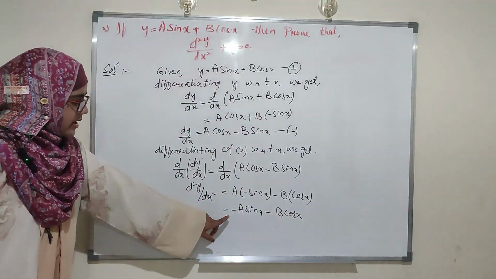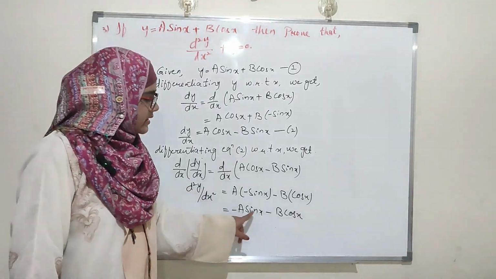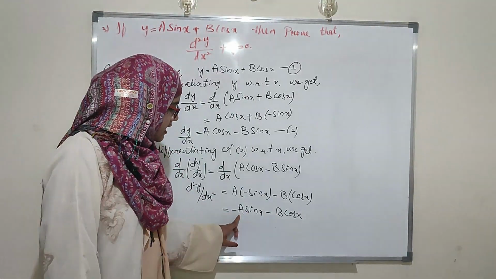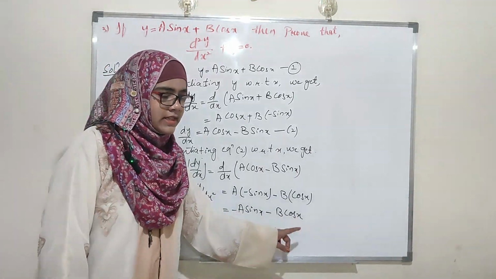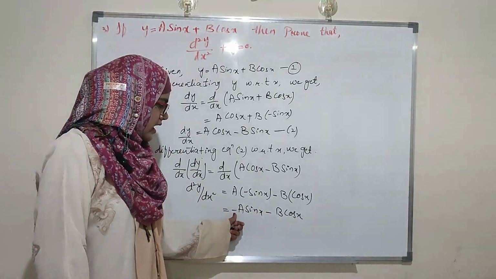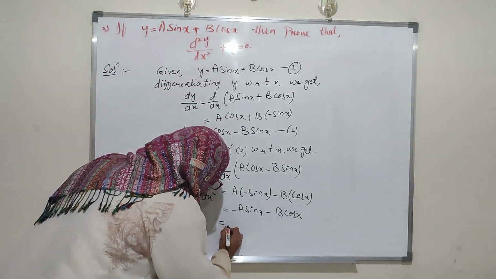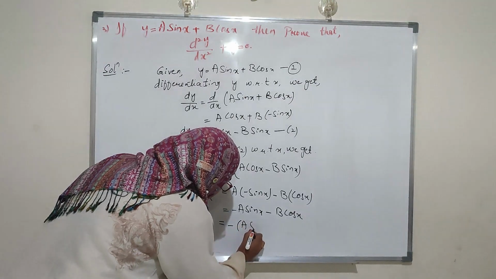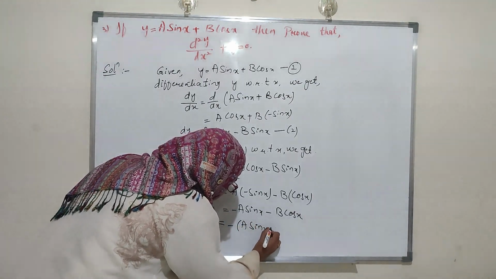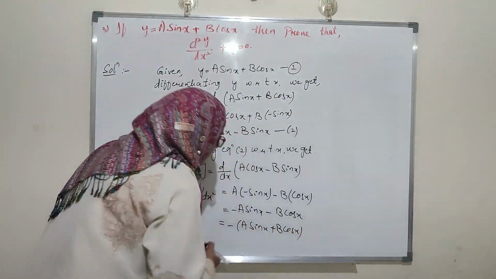Now we will get d2y by dx square as minus a sin x minus b cos x. Taking minus sign common, we get minus a sin x plus b cos x.